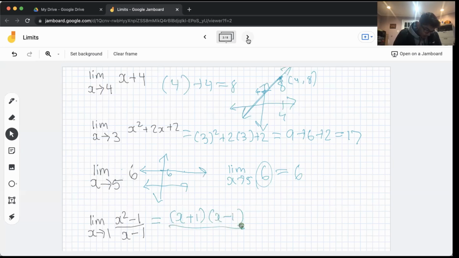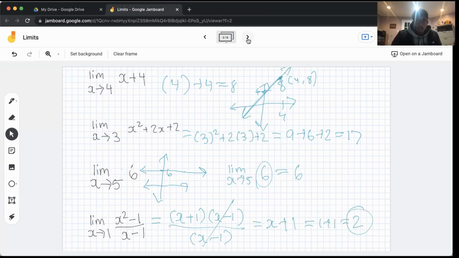And then our denominator stays the same. Since we're multiplying each of these terms, we can cancel these out, leading us to x plus 1. Now we can plug in the value as x approaches 1. x is going to be 1, so 1 plus 1 is 2, and that is our limit.